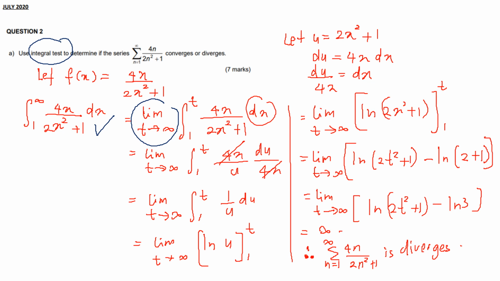Don't forget to substitute back the u function that you let, and then substitute back the value 1 until t or even 2 until t, and then don't forget to put the conclusion. The conclusion is very important because the question asks whether it converges or diverges.